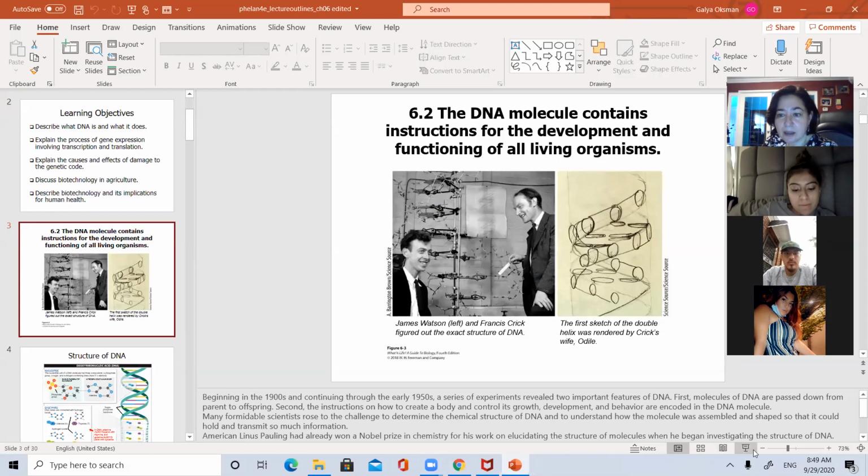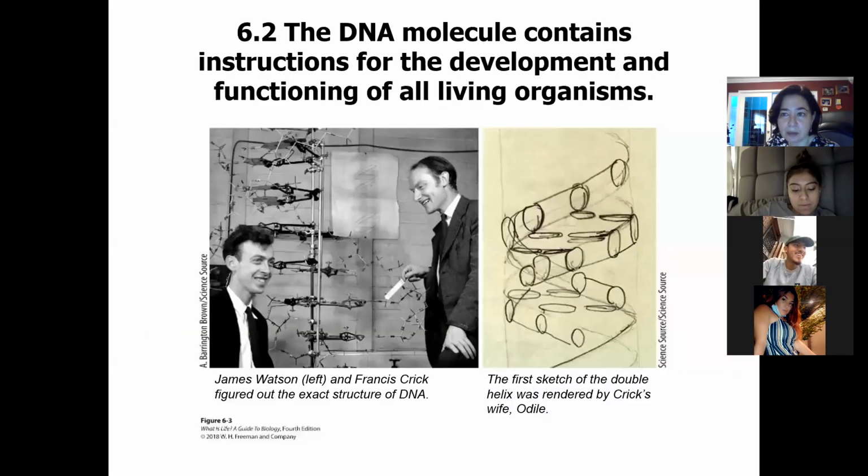And this is the core, right? The DNA molecule. DNA has information about the whole entire organism, and every single cell in the organism has the same DNA. Again, it's just which genes are expressed that makes a difference between them.